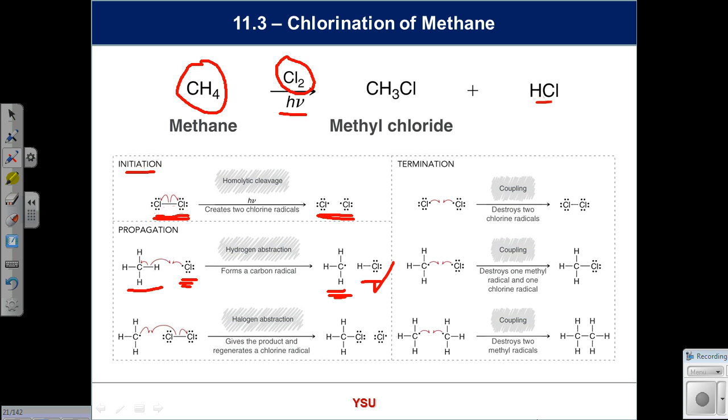So the carbon radical can find, for example, a molecule of chlorine. Where did my molecule of chlorine come from? I have a huge number of molecules of chlorine, and I only had to break up a few of them to get this to start, to get this to work. So now I'm going to think about the possibility of this reacting with a chlorine molecule. We know that's a weak bond, so maybe it's easy to break it. And on the right-hand side, that gives me chloromethane.